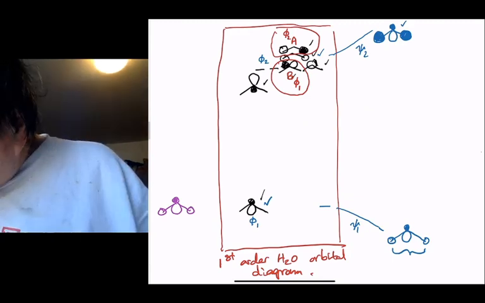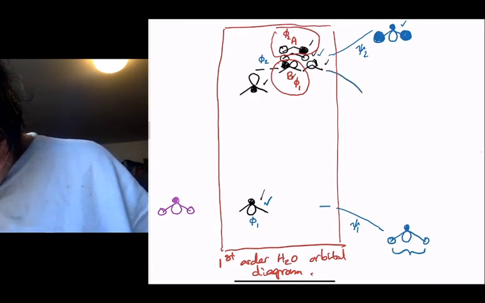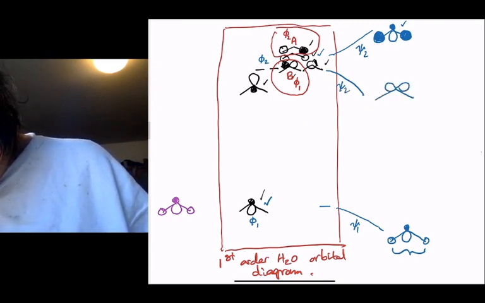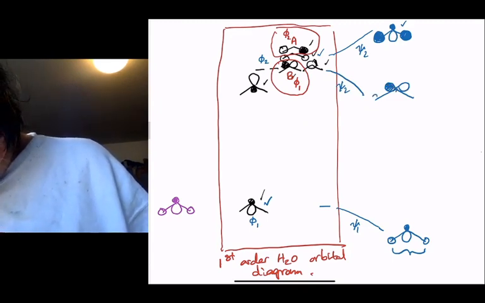Put it in chat. I'll wait. The answer is, it is psi 2, because when I make a psi 2 here, I take this guy. They're quite close in energy, so they'll be equal size. And I subtract the phi 2. That's what puts them in phase.